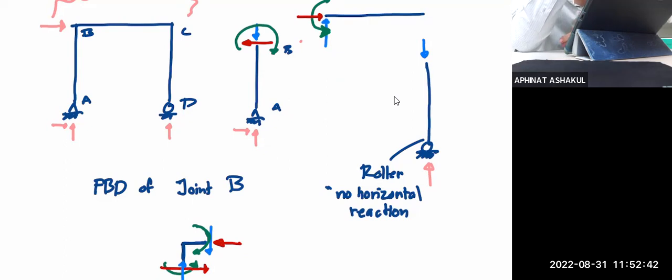Okay, is there any question about this? So essentially, up to this point, we learned the new system called frames, which is the system where you put more than two members together.